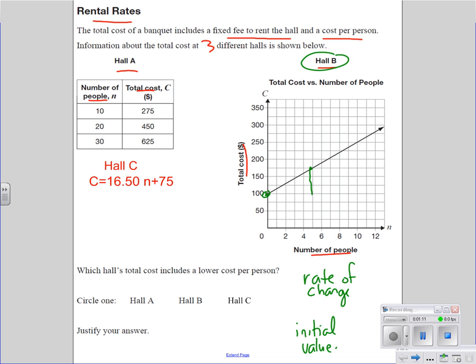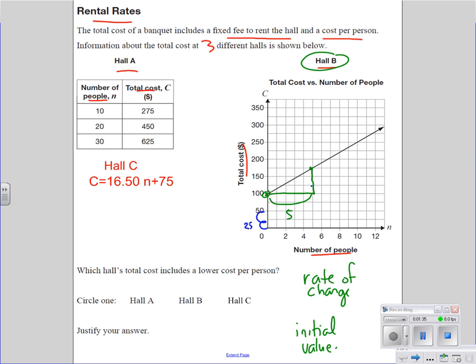So if I draw my rate of change triangle, I can see that this is a distance of 5 people for my run, and a change of 1, 2, 3 grid lines. So it looks like each grid line, I have 2 for 50, then 1 must be at 25.